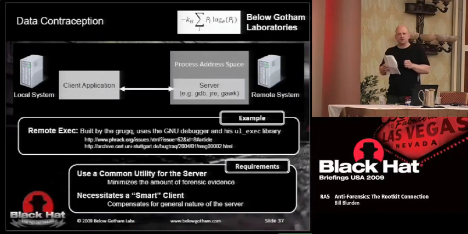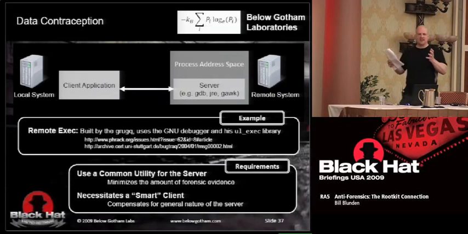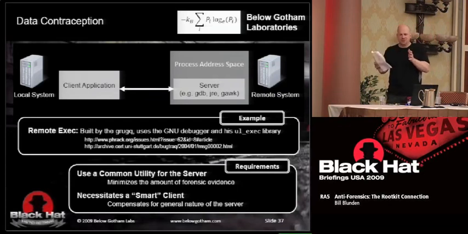So you end up having to create this really elaborate client that will do most of the work, because the server is basically a general utility. It can't do much other than what it's designed to do, and it wasn't designed to be a userland exec, just to offer some basic services. So the server ends up being dumb, the client ends up being smart, and you have to put all this work into the client.